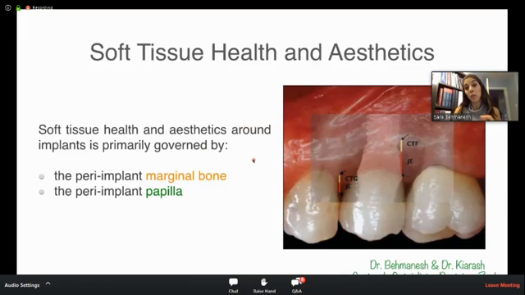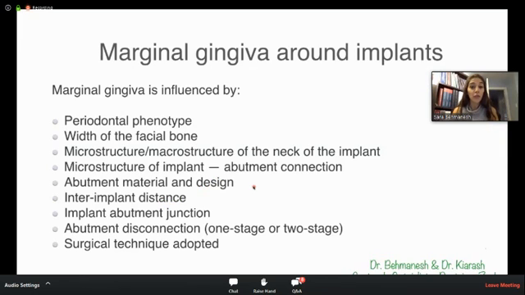We're going to talk about some biologic principles that will help us to manage the soft tissue better around the implants. First of all, marginal gingiva around the implants is influenced by different factors. It is influenced by periodontal phenotype, whether you have a thick or thin phenotype, width of the facial bone, or in general, the bone that is surrounding the implant plays an important role.